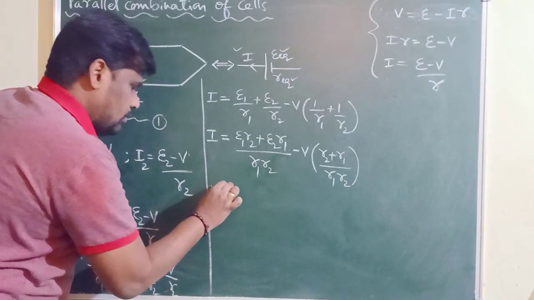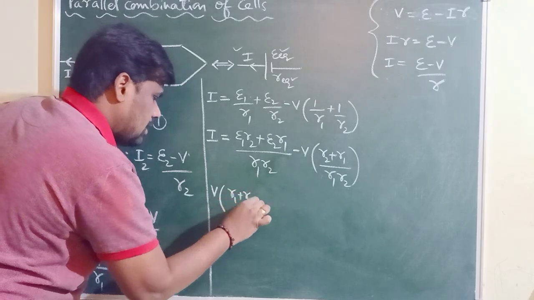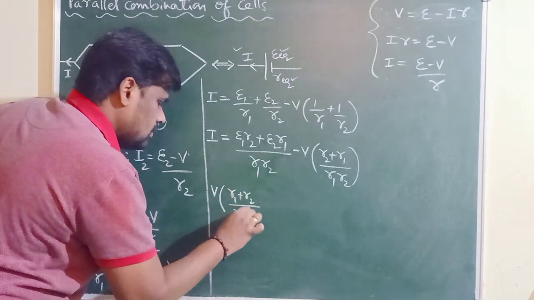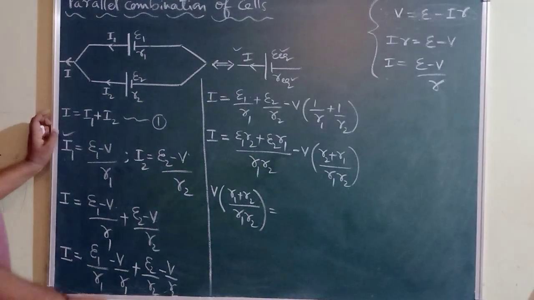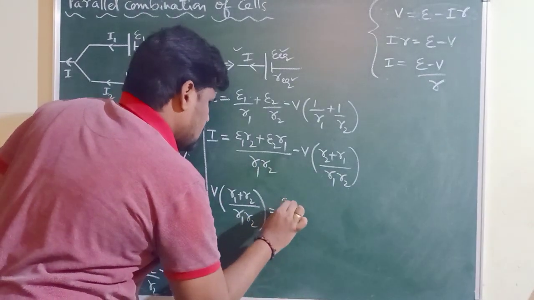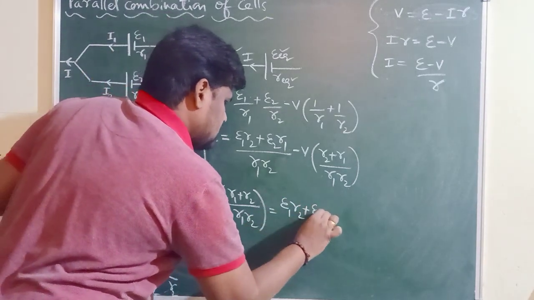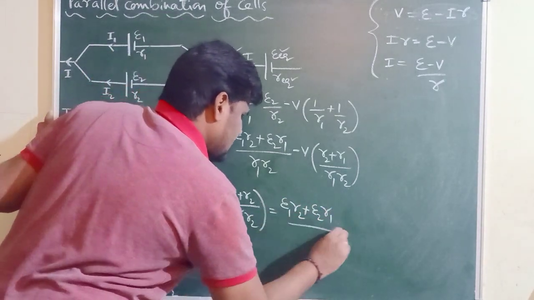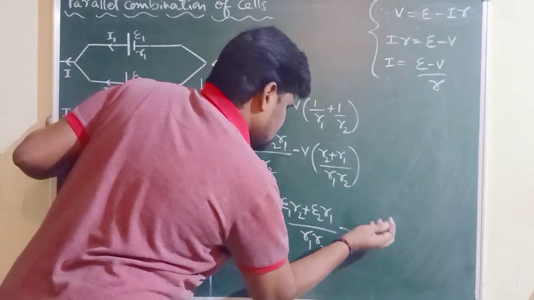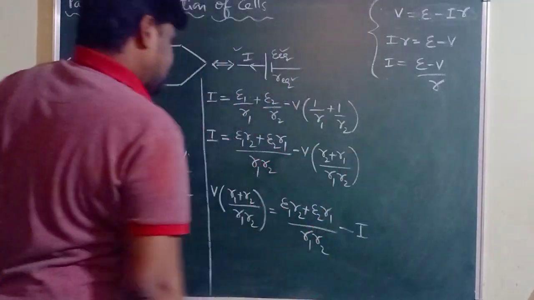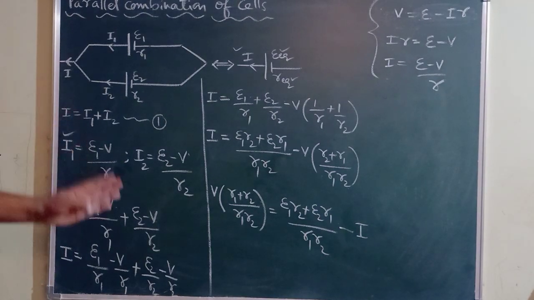V into R1 plus R2 divided by R1 R2 is equal to E1 by R2 plus E2 by R1 divided by R1 R2 minus I.